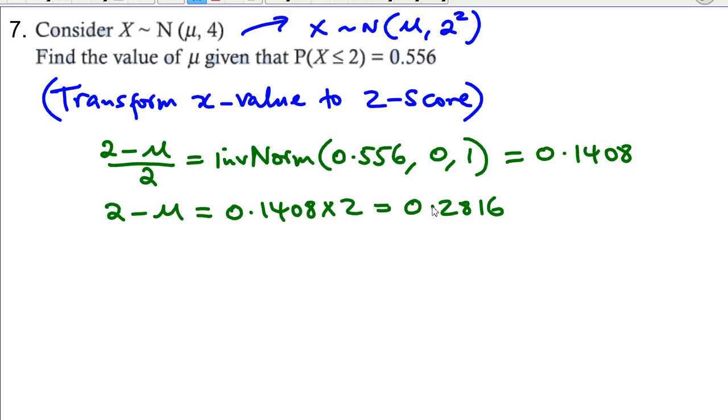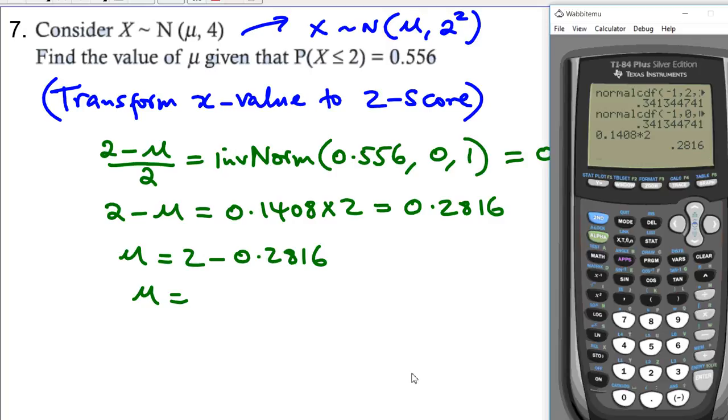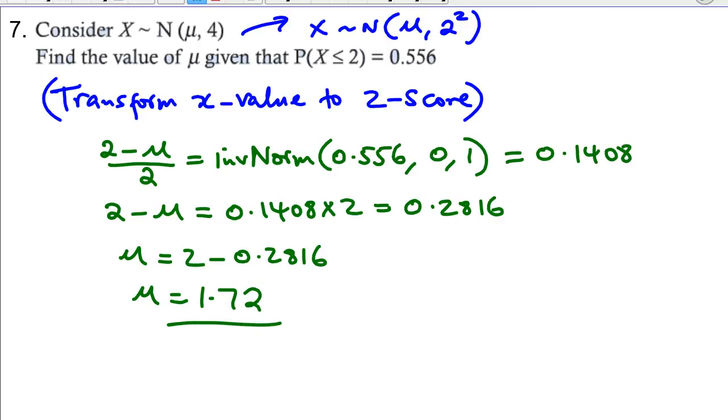So basically my mean will be 2 minus 0.2816, which is 1.72 to 3 significant figures. So that's how you work it out.